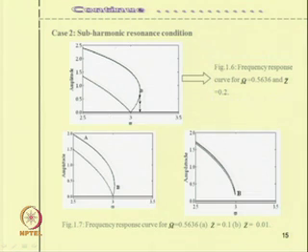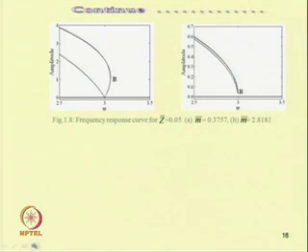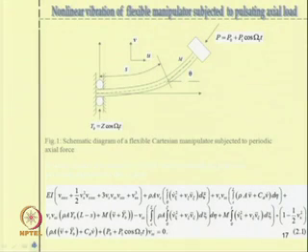But depending on the initial condition, up to this point B the system has a bistable region. So, it will go to this non-trivial state depending on the initial condition. For different values of mass ratio and base excitation, these curves have been plotted.